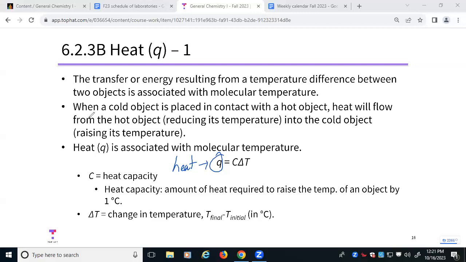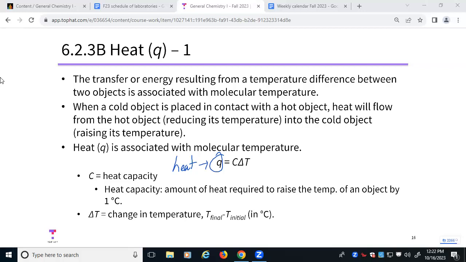There's no way of comparing directly one object to another, because if they're different masses, if they're different volumes, they're going to require different amounts of heat to raise their temperatures. And so for that reason, we don't see this particular equation used very often.